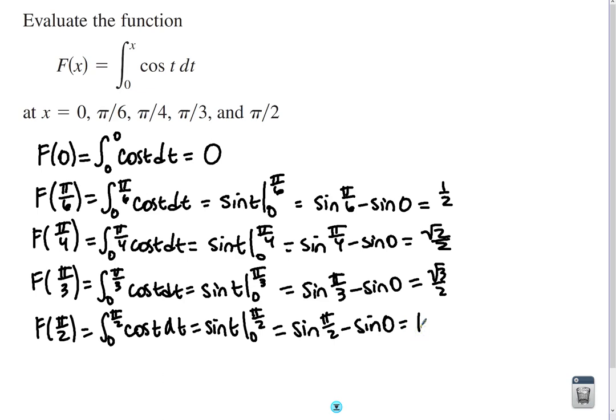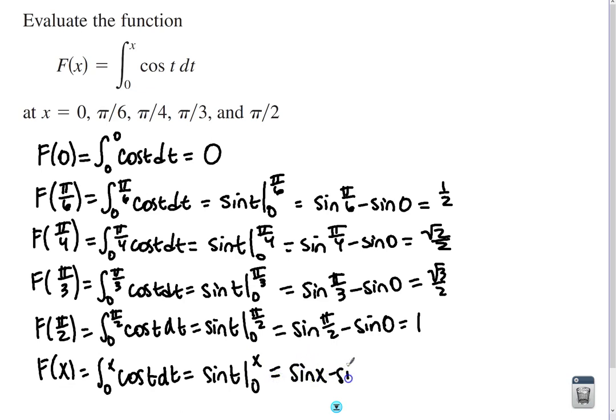Overall, is anyone sensing a general pattern here? If I were to say F of x is the integral from 0 to x of cosine t dt, this turns into the sine of t from 0 to x, which turns into the sine of x minus the sine of 0, which is always 0.